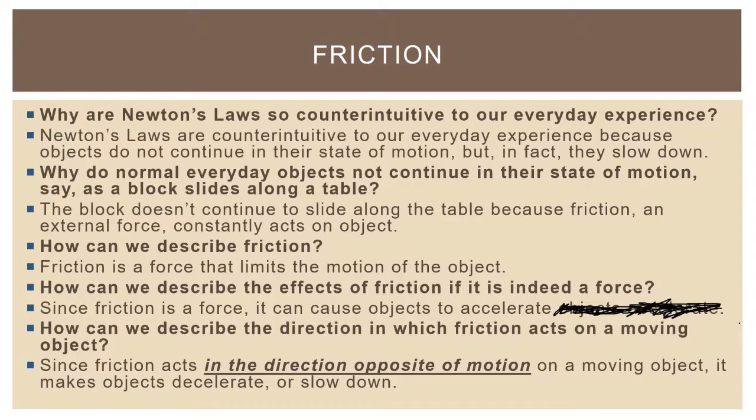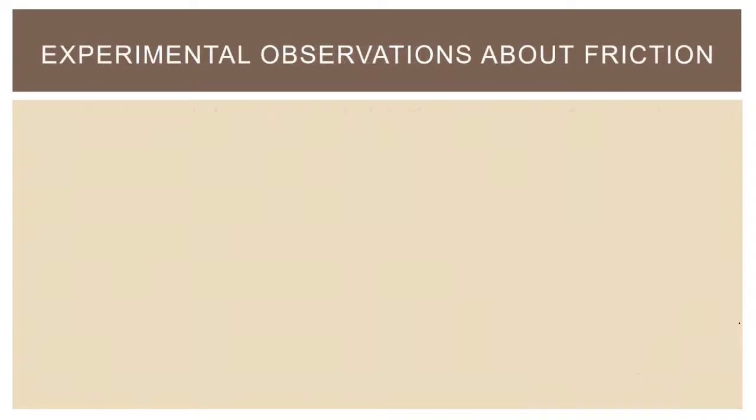So what we're going to talk about here are just some experimental observations about friction. When I was in college, I actually did a series of experiments in freshman physics confirming all of these. If you were to perform experiments, you could see this with your own eyes.